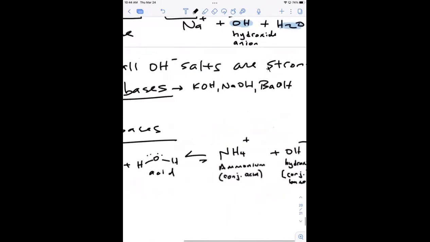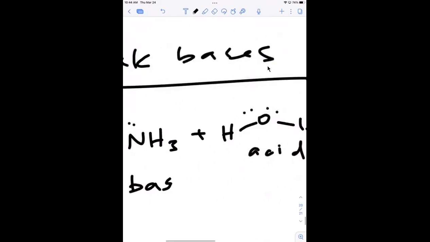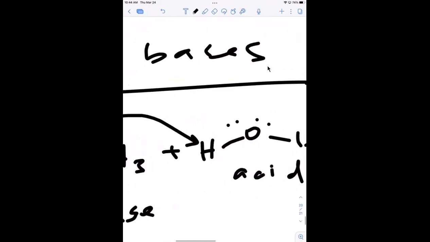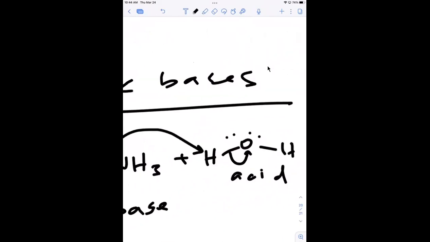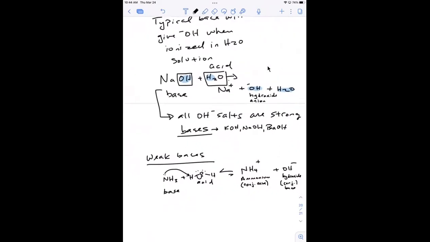Right? And the way this works is the same, all acid-base reactions, especially between weak bases like this, they all act the same way. They all just exchange a pair of electrons between the base and the acid. And there's a pair of electrons that's going to go back here. All right. So then we end up with ammonium and hydroxide.